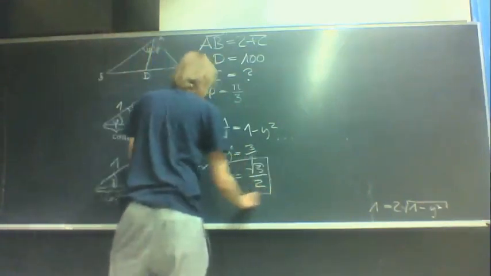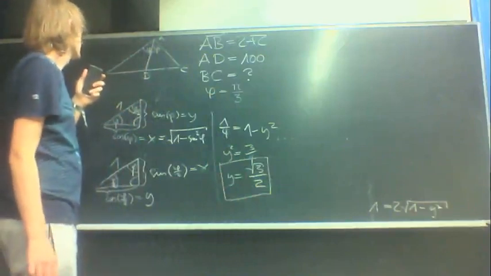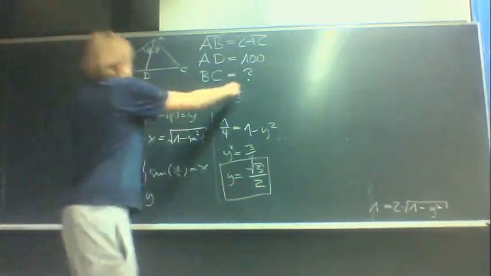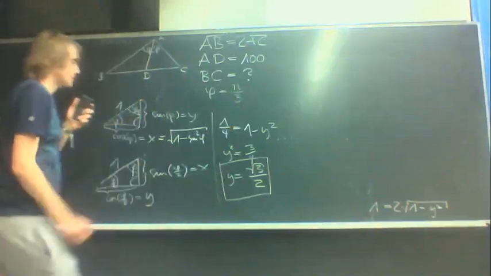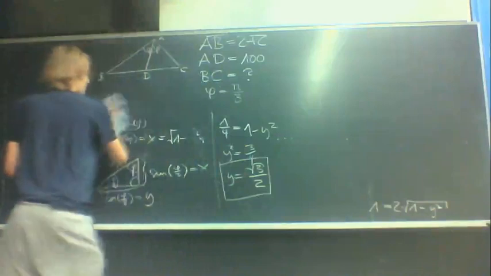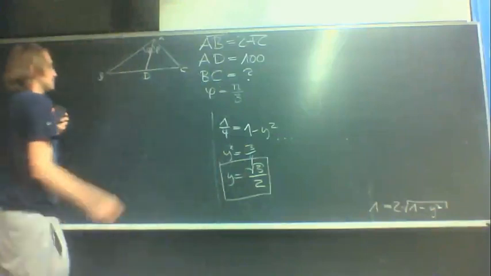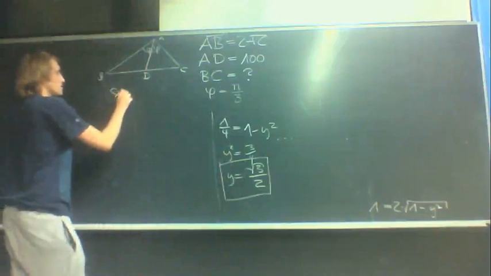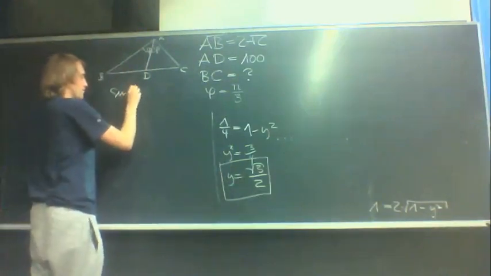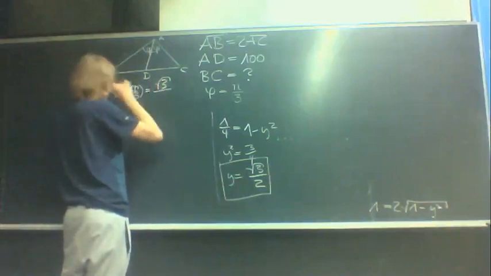Okay, so this is sine of pi over 3. So sine of pi over 3 is just square root of 3 over 2.